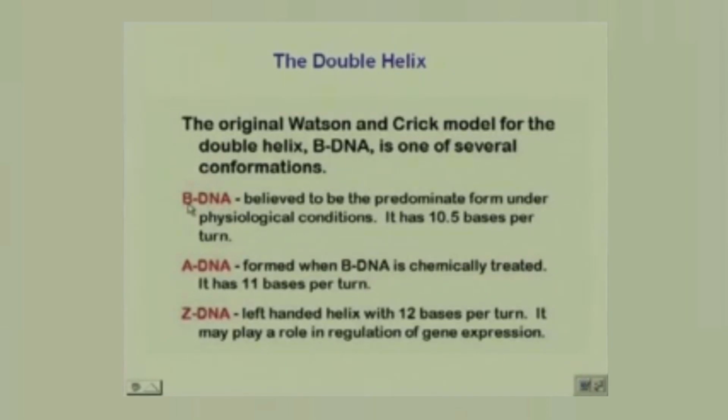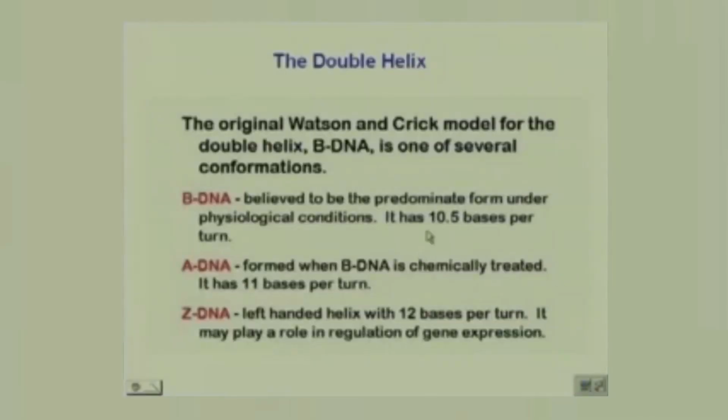You have bDNA, which is actually the most prominent form of DNA. It has 10.5 bases per turn. What are we talking about here? We are talking about a single turn of the double-stranded helix that goes up, and there are 10.5 bases per turn. Just like we had a certain pitch of the alpha helix, it's similar to that.